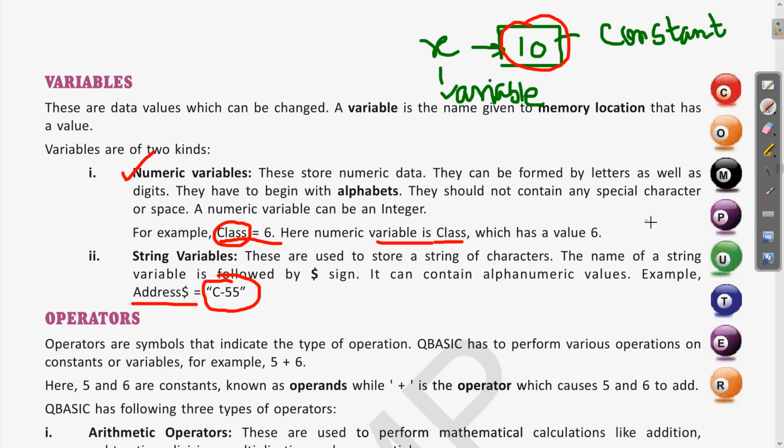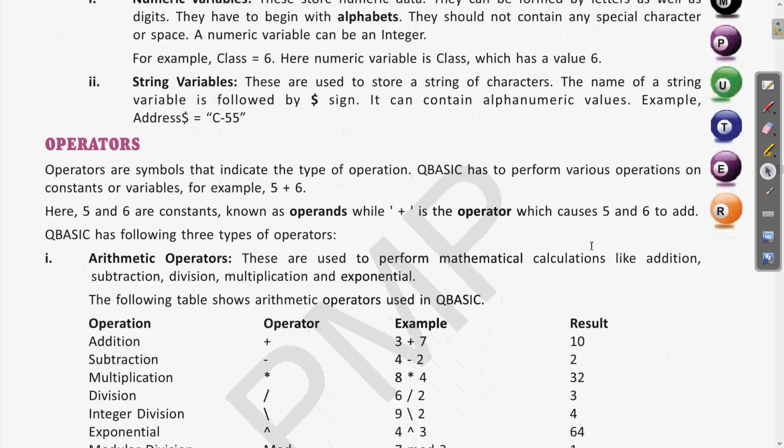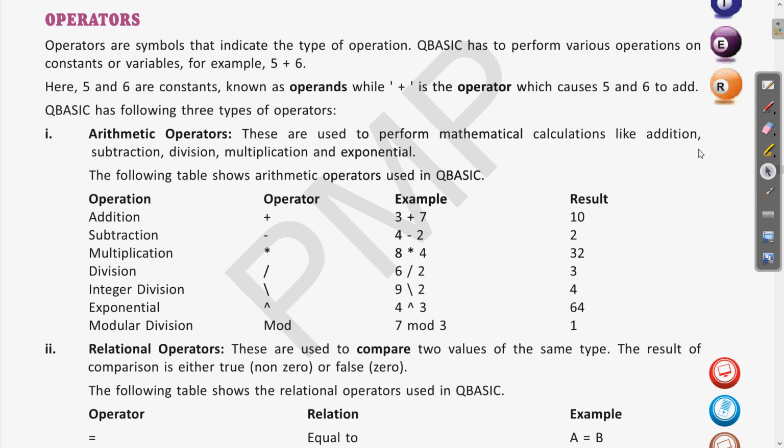Then we were talking about operators. What are operators? Operators are symbols which are also used in maths. There are two terms, one is operator and another is operand. If I write 2 plus 5, in this the plus symbol is the operator, and the numbers on which this addition is being done are called operands.